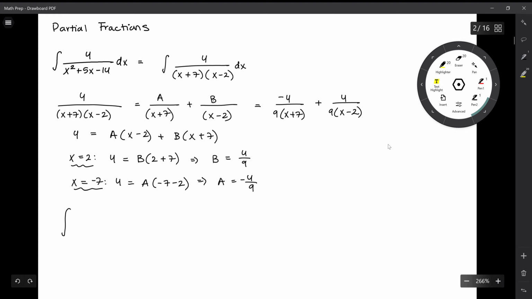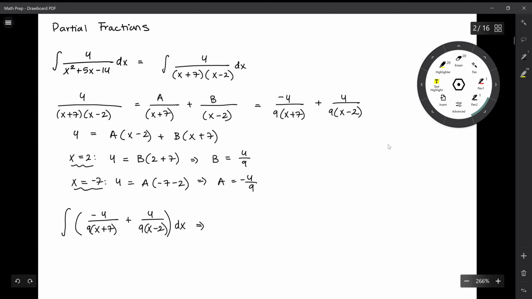So now we have the integral of negative 4 over 9 times x plus 7 plus 4 over 9 times x minus 2 with respect to x. Now we can solve for this.